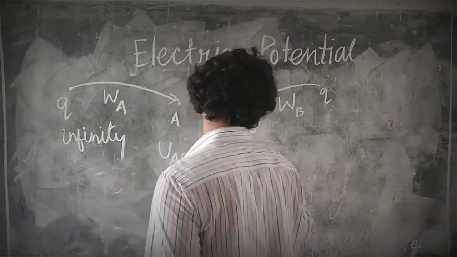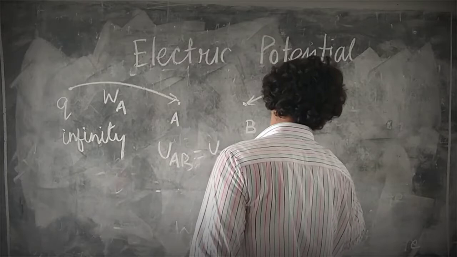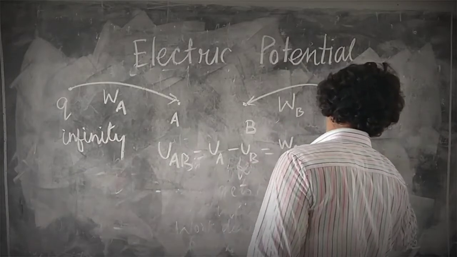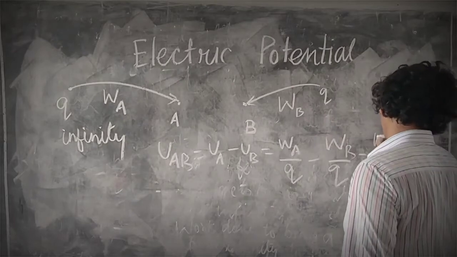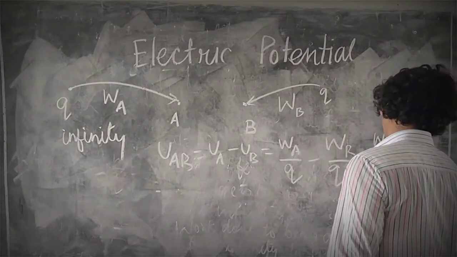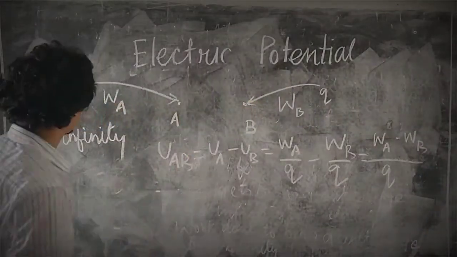Here UA is WA by Q minus WB by Q, or we can say (WA minus WB) by Q. So this is the potential difference between 2 points.